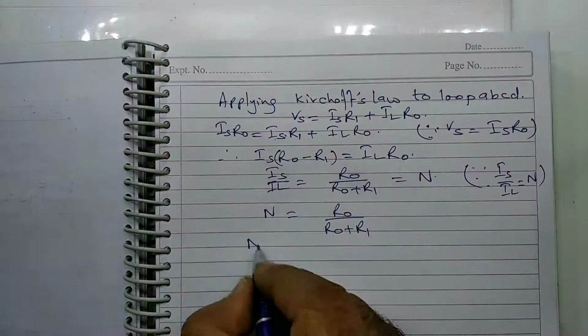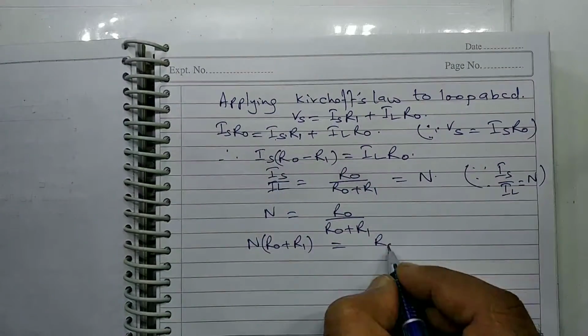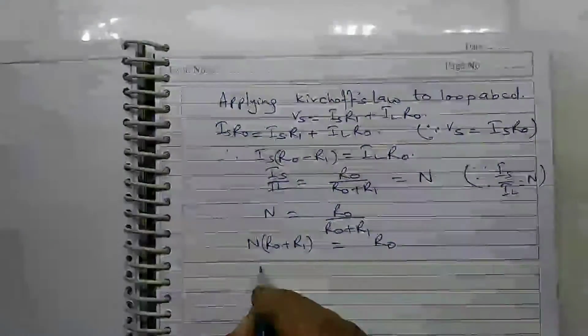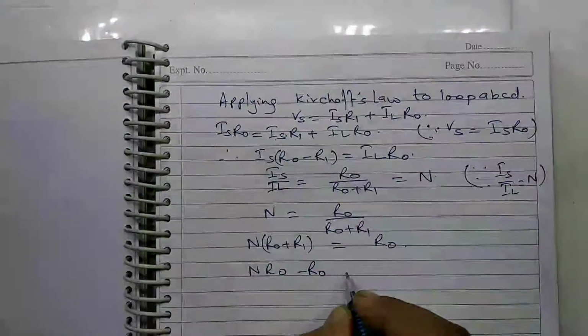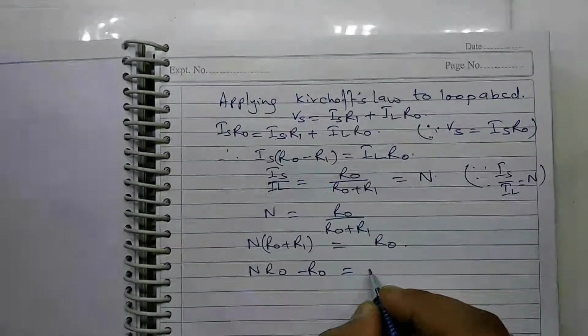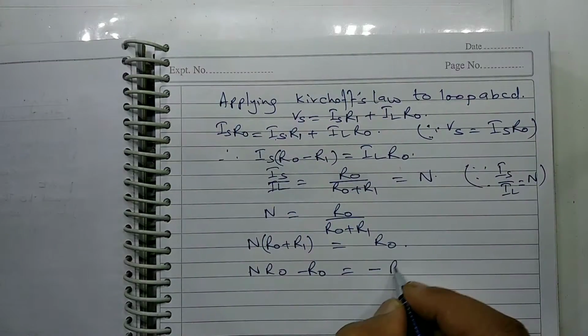So, N (Ro minus R1) is equal to Ro, whereas N Ro minus Ro is equal to N R1.